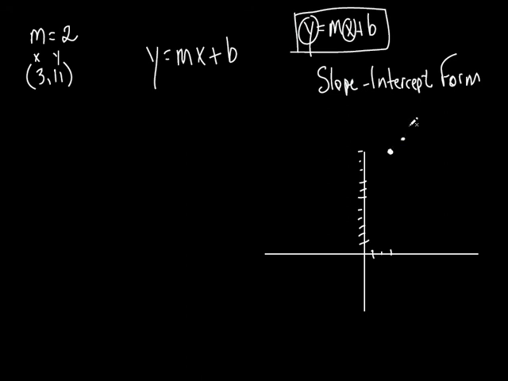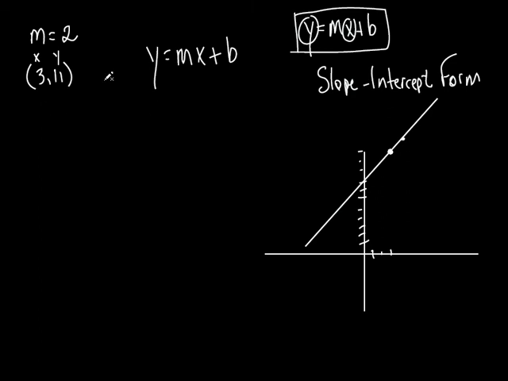Probably be about like that. Agreed? And then it'll look something like that. Now that wasn't very accurate, was it? I'm not guaranteed that that's actually my point because I was a little sloppy in the graph. Even if you use graph paper, sometimes it might go in between the lines and you can't tell exactly where it hits. So you want to do it mathematically. But it's going to be somewhere around there, don't you think?